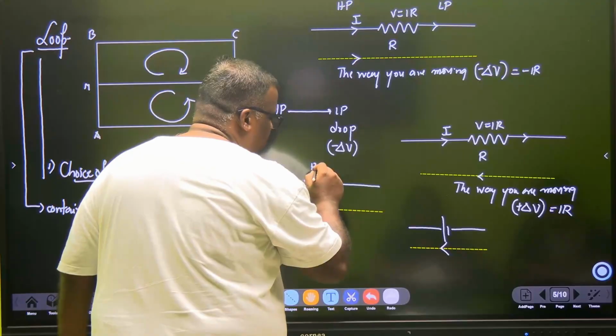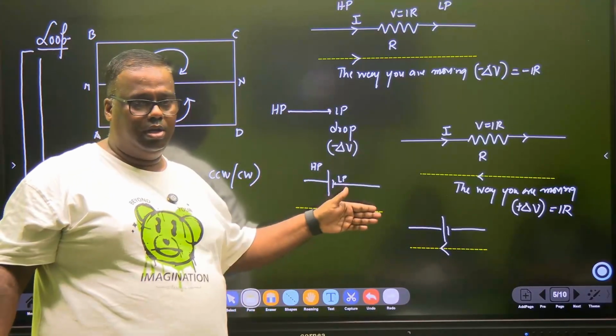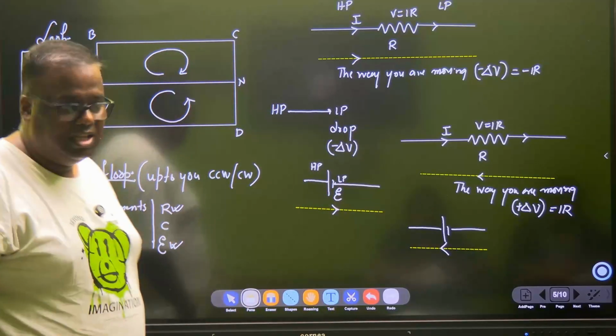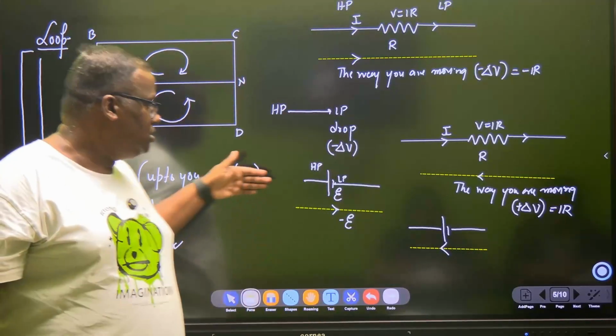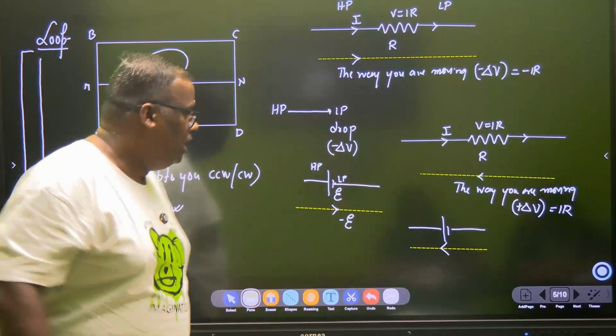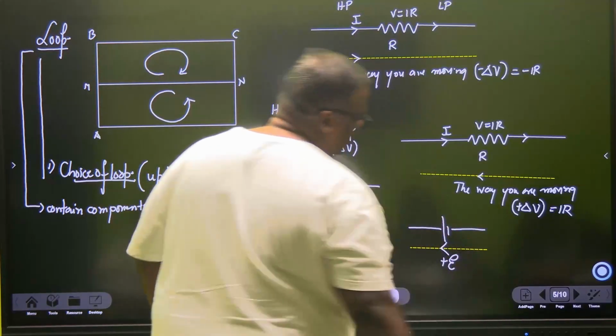This is higher potential, this is lower potential. You are moving from higher to lower. So here, let's say the EMF of the cell is E. So what will you consider? Negative E, because it reduces as you are going. The battery is getting discharged. And if you look from this side, lower to higher, it will be considered as plus E.